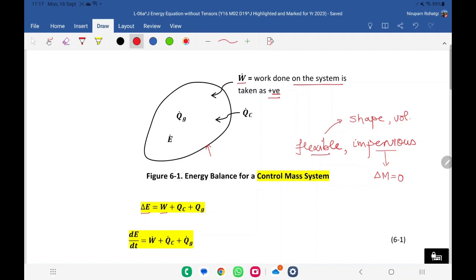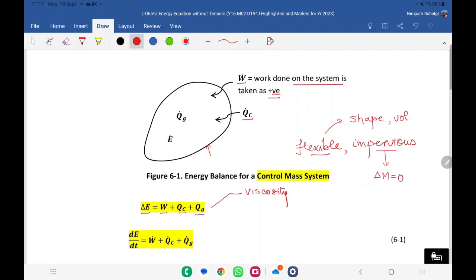Then QC is the amount of heat conducted in, the amount of heat entering. And QG is the amount of heat generated within. Now this generation can be because of a number of things. One is because of viscosity.